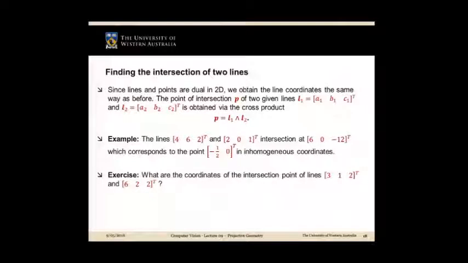So we have an example and one exercise question here. If you're given 2 lines, (4, 6, 2) and (2, 0, 1), and let's say they intersect at (6, 0, -12), which corresponds to the point (-1/2, 0) in the inhomogeneous space. Why has (6, 0, -12) been represented by (-1/2, 0) in inhomogeneous coordinates?